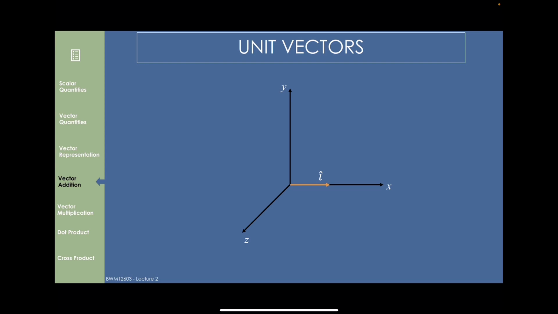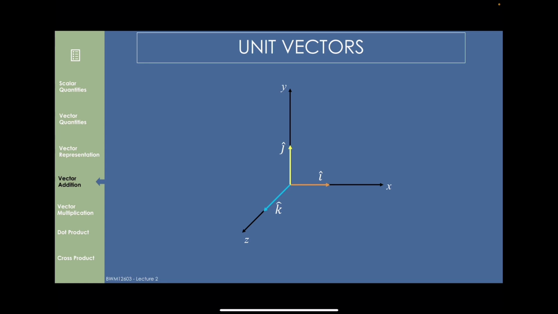Conventionally, a unit vector along the x-axis is represented as i hat, the unit vector along the y-axis is represented with j hat, and a unit vector along the z-axis is represented with k hat.